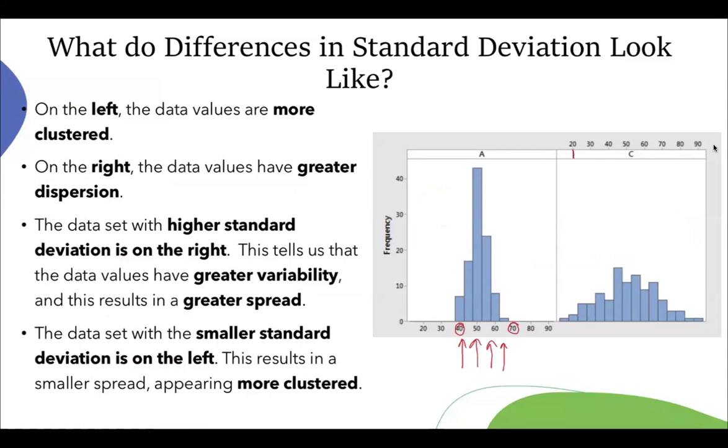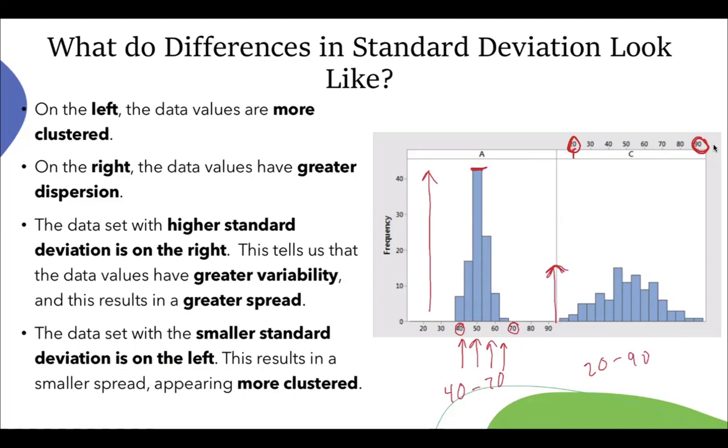They're not as high as the ones on the left. The bars are flatter and they tend to vary from 20 to 90. So on the left things go from 40 to 70 with a high frequency, and in the graph on the right, things go from 20 to 90 with a not as high frequency. Notice the heights of the bars are less.